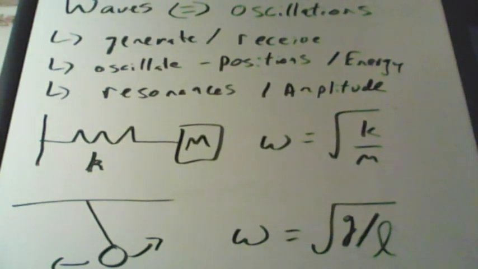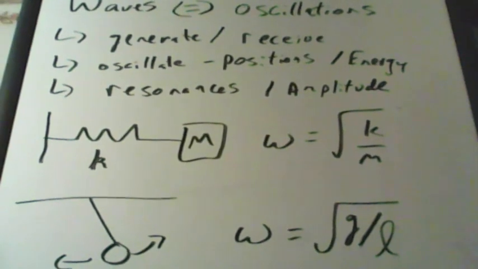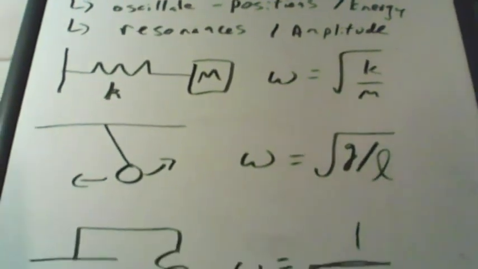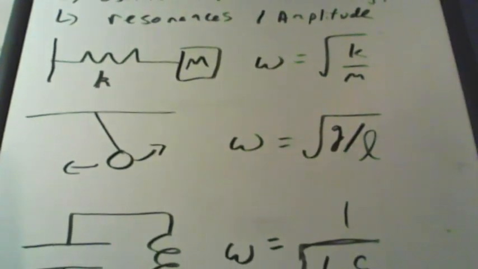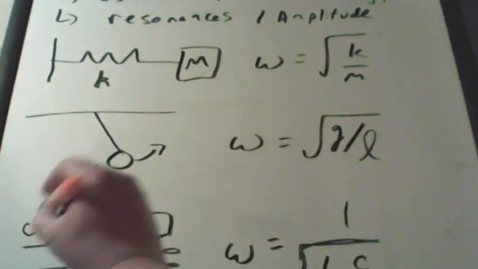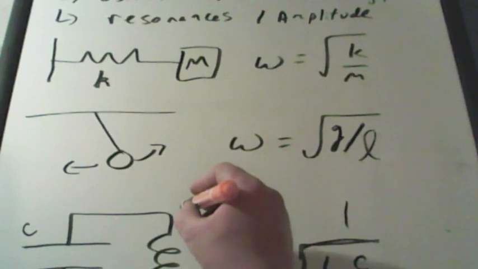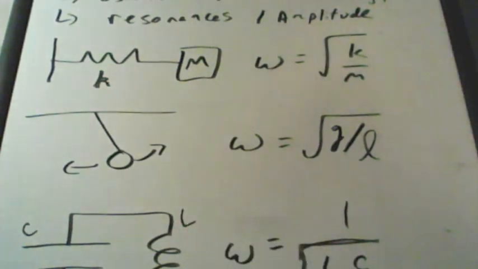In looking at electric systems, an oscillating system is what's called the RLC circuit. So here we have a capacitor and an inductor. Let me give the inductor the variable L. A capacitor is just two plates with a gap between them, and an inductor is simply a coil of wire.